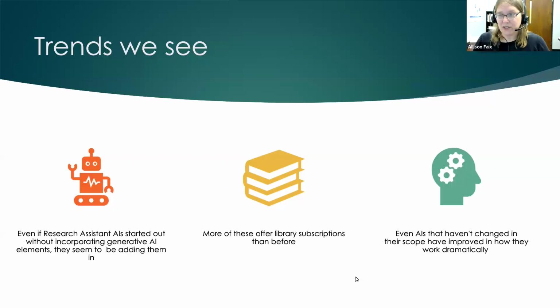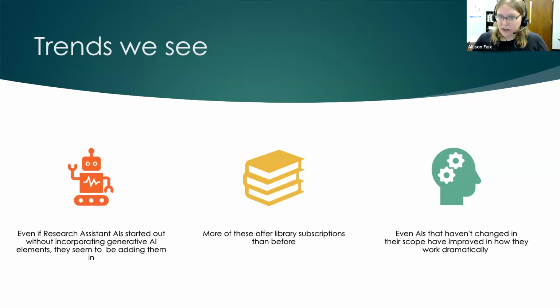Yeah, and it feels like it's just changing really fast, and it's been hard for us to keep up with it. And so we started to notice some trends. Even like I mentioned earlier, even when these research assistant AIs started out without incorporating a lot of generative elements, that does seem to be a trend that we're seeing, is that they're starting to add them in.